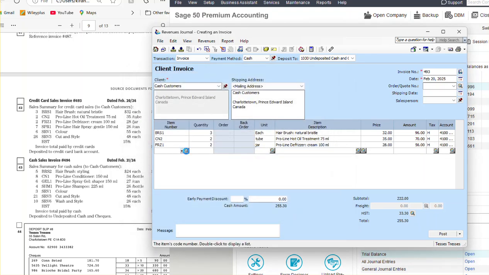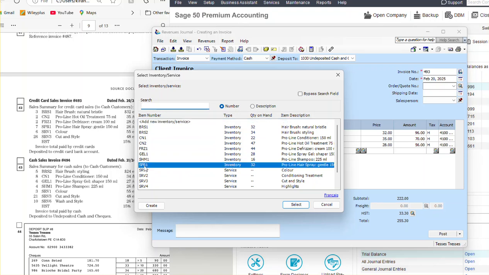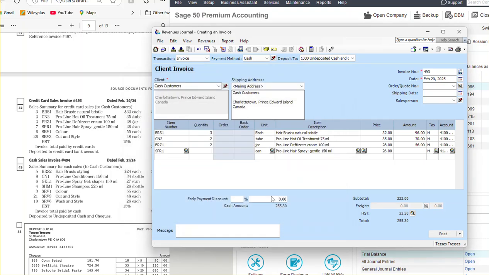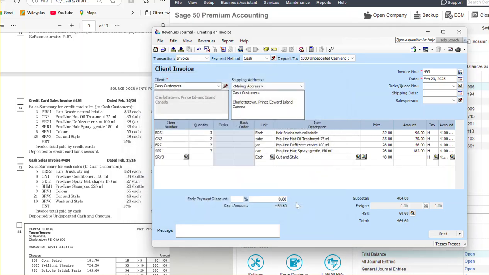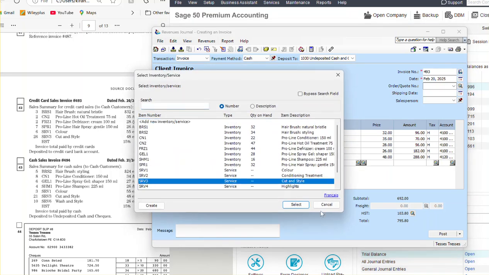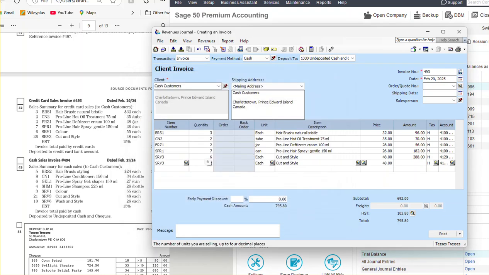Go to the next line, SPR1, and that should be your 7. SPR1, SRV3, and those are 6. I go to the next line, and it is SRV3, and that's 26.